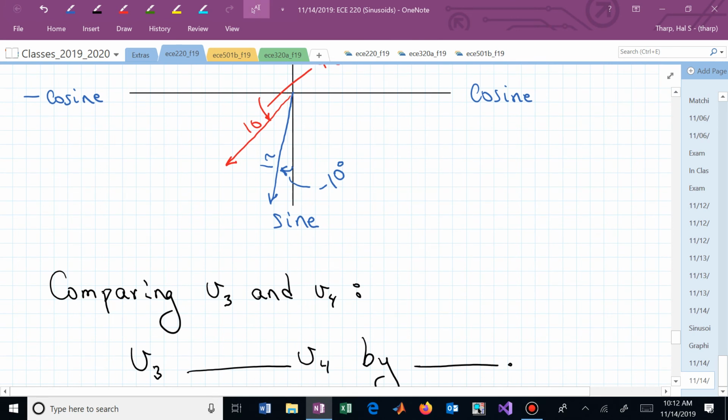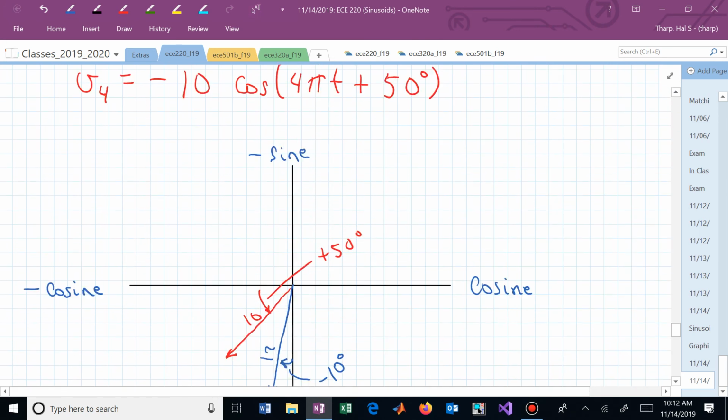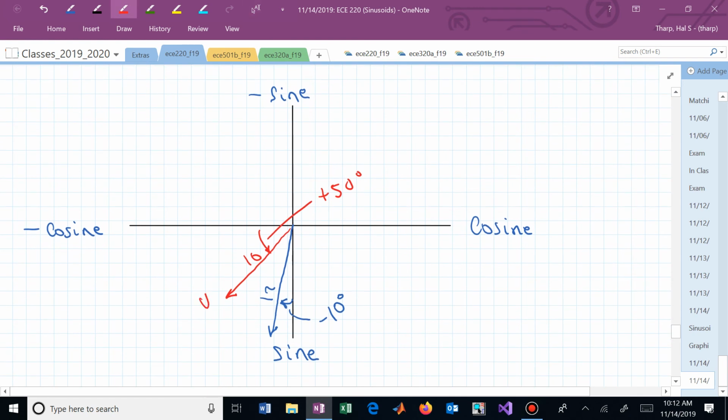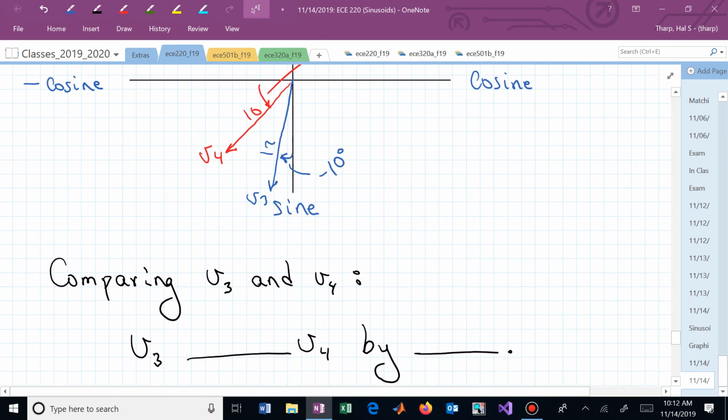Oh, I forgot to label them. What was this one? This is V sub 4. And this was V sub 3. V sub 3 does what to V sub 4? V sub 3 leads V sub 4 by how much?